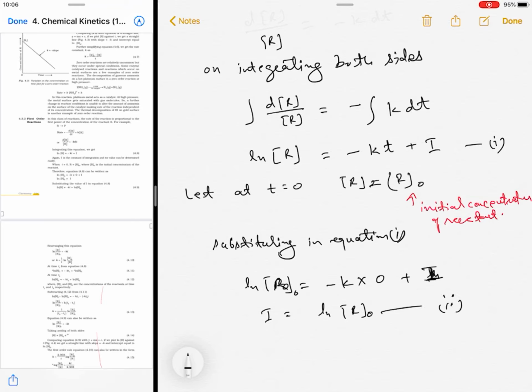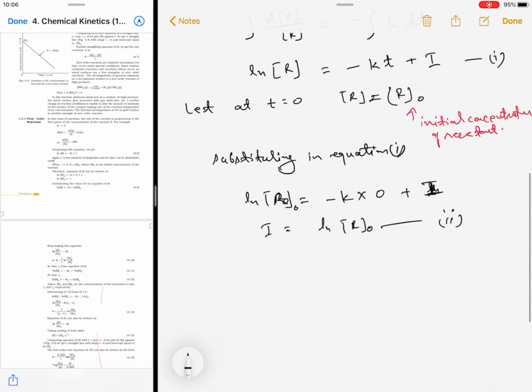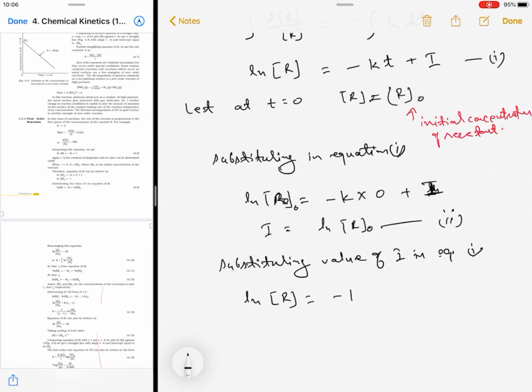If we substitute this value of I in equation 1, what do we get? We get natural log of R equals minus kt plus natural log of R naught.